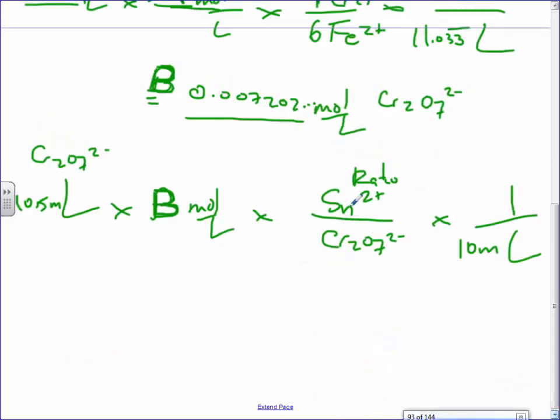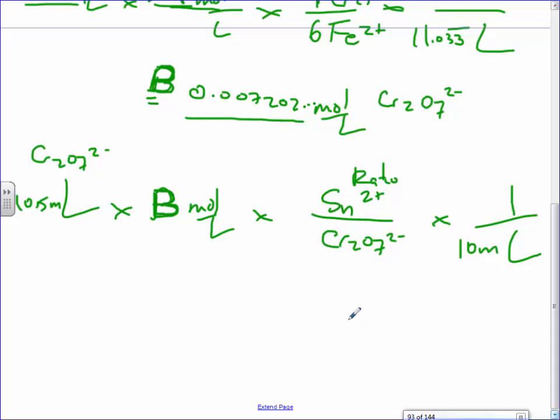The only thing I'm lacking then is my tin to chromium ratio. But honestly, I can do the exact same thing I did before, right? Find your chromium one. Chromium uses 6 electrons. Find your tin. How many electrons is tin going to use? 2. Okay. Here, let me draw this out real quick. Here's your dichromate reaction up here. Your tin reaction is positive 0.15.